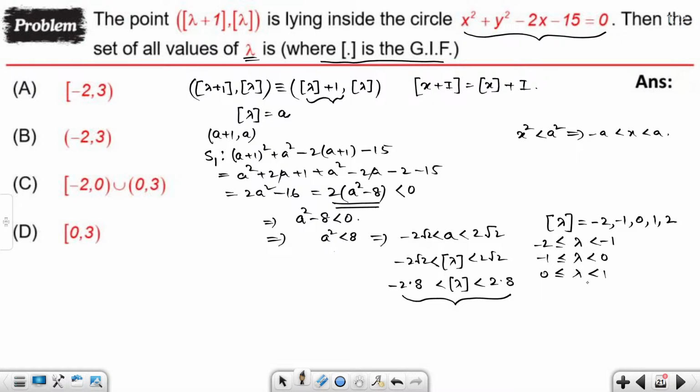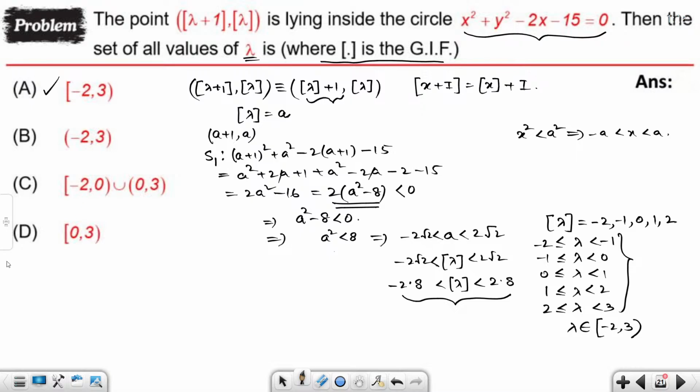When box lambda is 1, it is lying between 1 and 2. And when it is 2, your lambda is lying between 2 and 3. So from this, we can easily see that your lambda is lying between closed minus 2 till 3 open. Yes or no? Therefore, your option A is correct.